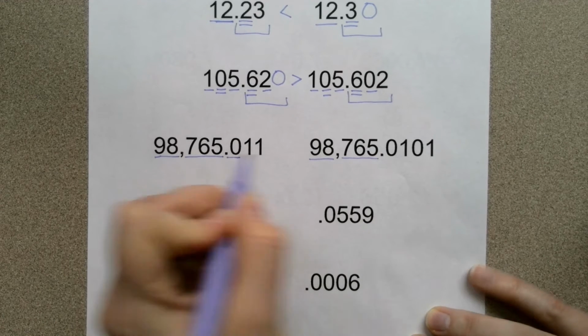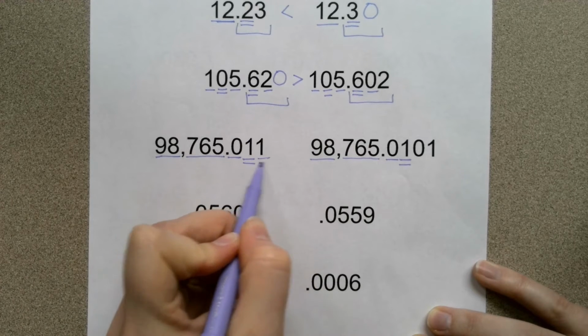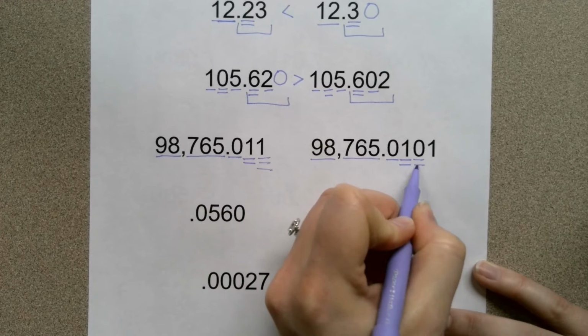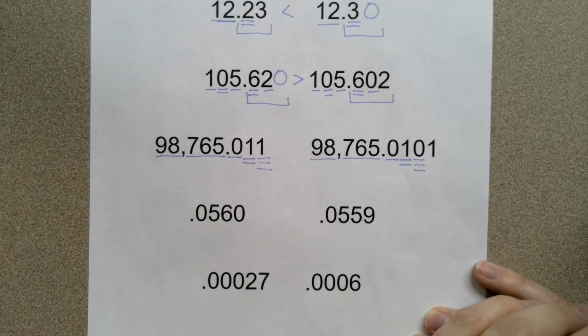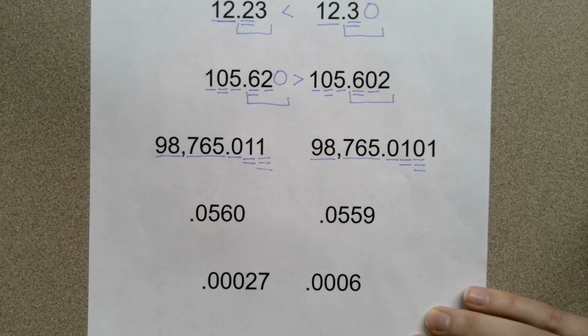The tens place in both is a 0. The hundredths place in both is a 1. Then in the thousands place, that's where they differ. So that's the place value that's going to determine what symbol we use to compare.